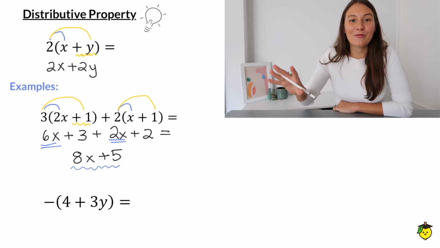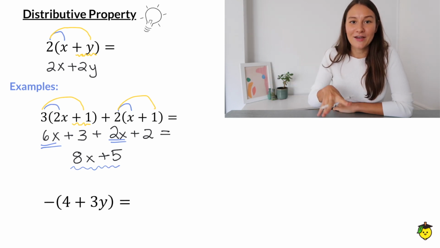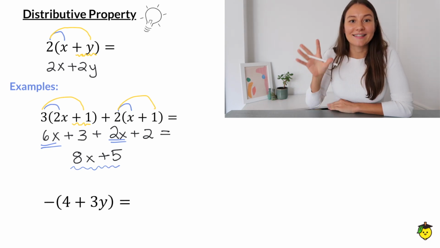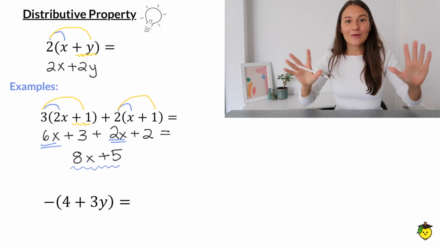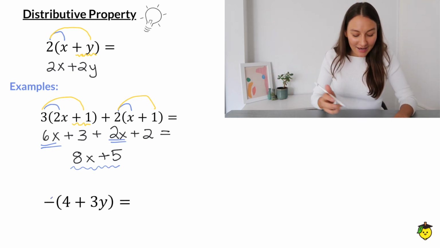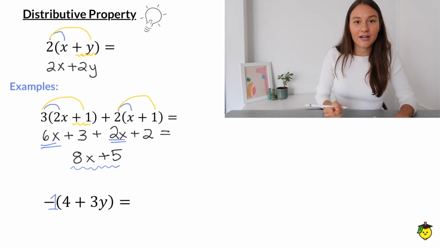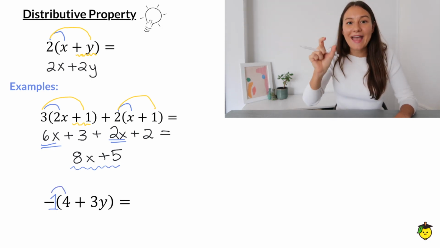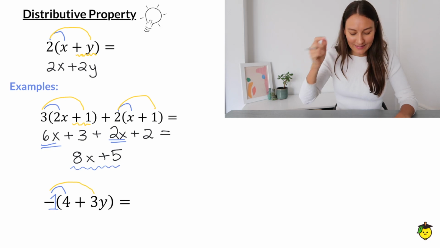For the rest of your mathematical career, I want you to think of me when you see a negative and a parentheses. So negative or a subtraction sign and parentheses. It's like pause, pause, pause. Michelle always has to pause. And I say this because there's really an imaginary 1 here. And you have to take that negative 1 and multiply it by every term inside the parentheses.